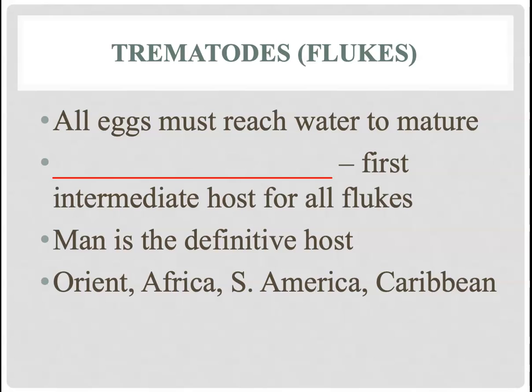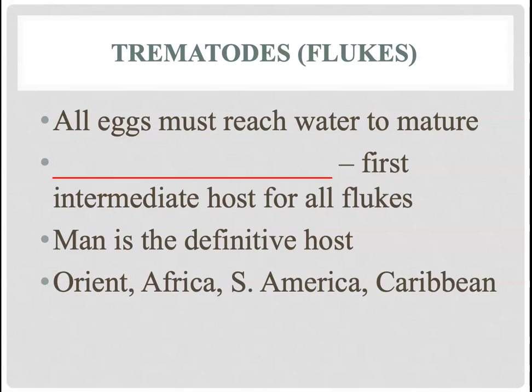Now, compared to the nematodes, the life cycle has become increasingly more complex for these guys, and I'll show you in a second. But all the eggs must reach water to mature, so that's unique for all of the flukes. And all of the flukes have a common first intermediate host, which is the snail.